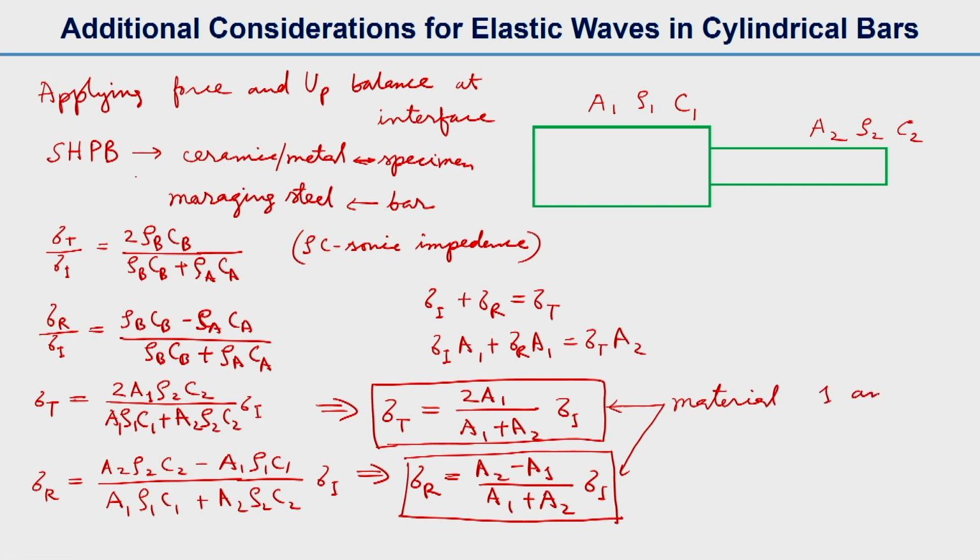That means rho 1 equals rho 2 and C1 equals C2. That gives these simplified expressions for sigma t and sigma r.